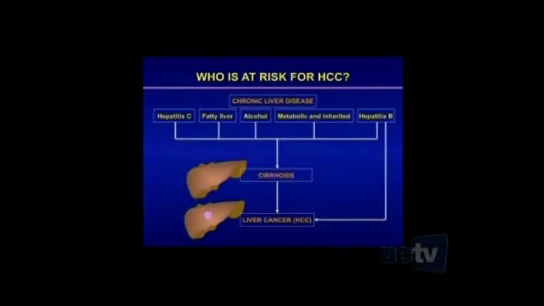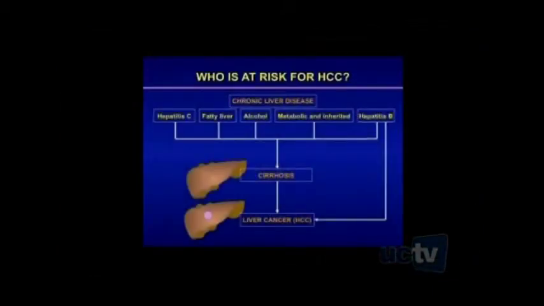There's a variety of these metabolic or genetically based inherited forms of liver disease, like hemochromatosis, which is a disorder of iron overload, Wilson's, which is copper, and a number of other things, particularly in the pediatric population. They may not be at risk for liver cancer, but some of them are. And hepatitis B. There's another category we call cholestatic liver disease, like primary biliary cirrhosis and primary sclerosing cholangitis. The risk is somewhat lower.